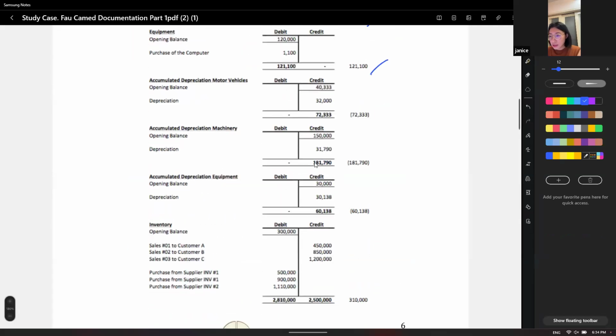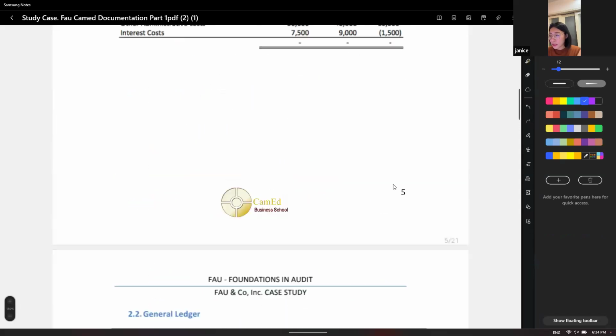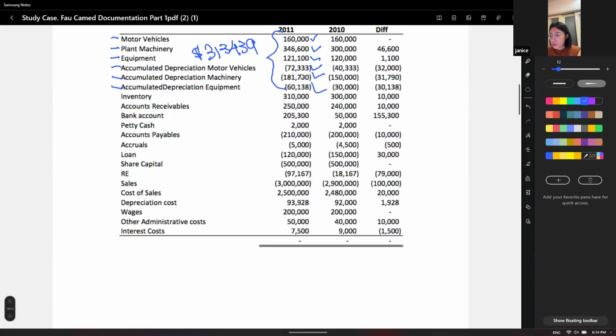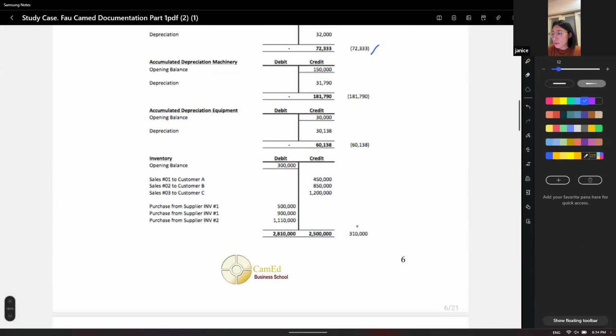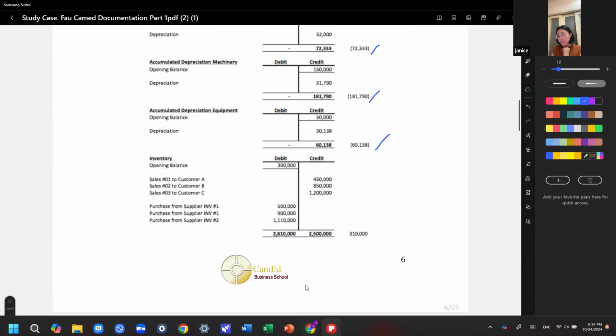Then for the depreciation, 72,333, 181,790, 6,138. Yes, the same. All right, okay. So all the amounts are properly reported from the GL. All right, excellent.